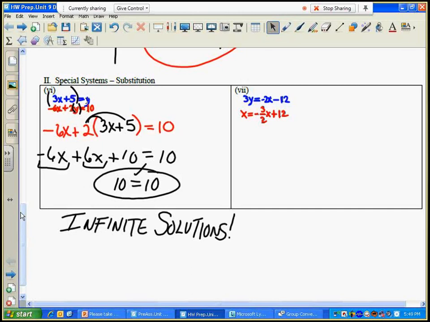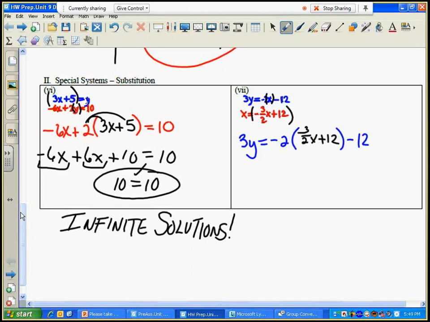On the next one, the bottom there, the red, don't be afraid of these fractions. We'll be okay. We'll replace that x on top with that negative 3 halves y plus 12. All right, let's see what we got here. 3y equals negative 2 times all that junk minus 12. Okay, let's put all that junk in there.